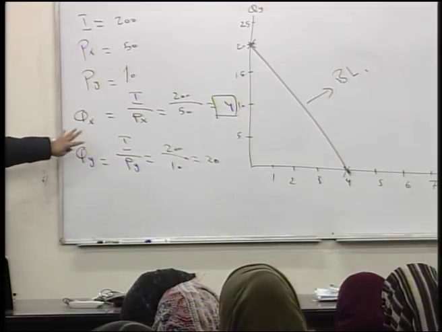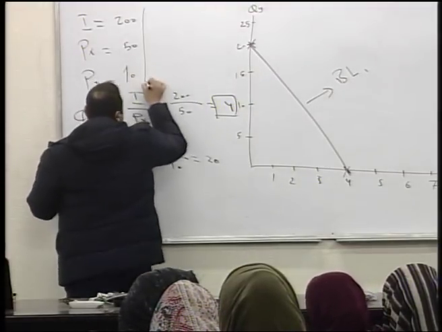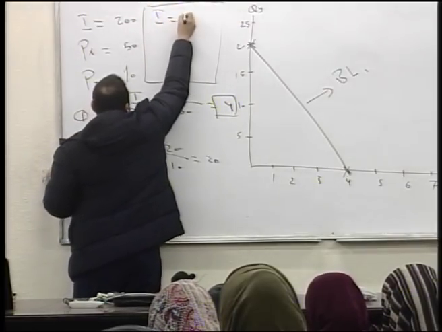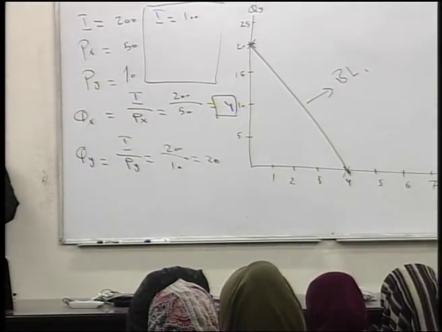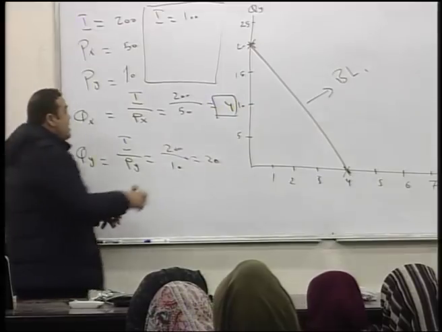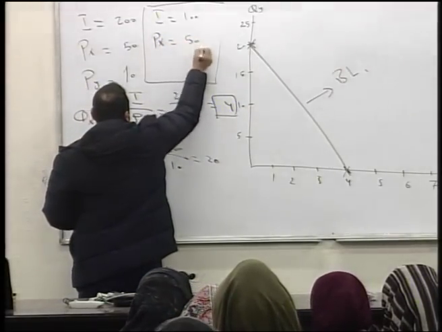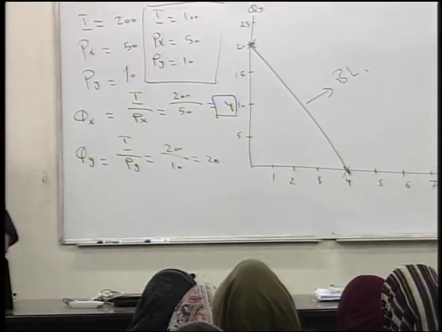So let us assume that the consumer's income declined to $100, and the price of X and price of Y remain constant. This is the second case here. Price of X remains constant at 50. Price of Y remains constant at 10. What will happen to the budget line here?